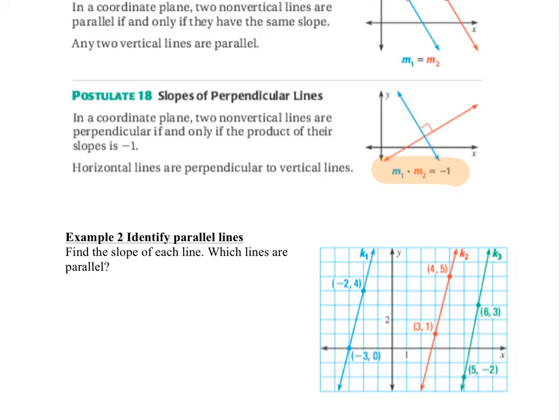I also like to say that a perpendicular slope is the negative or the opposite reciprocal. For instance, if m1 equals 2, then a perpendicular slope would be -1/2.